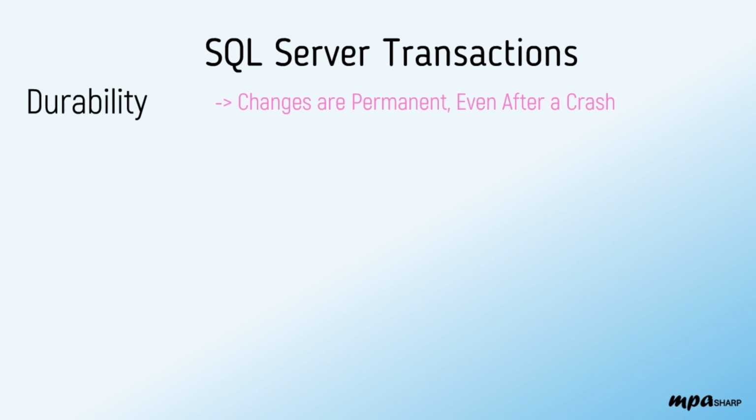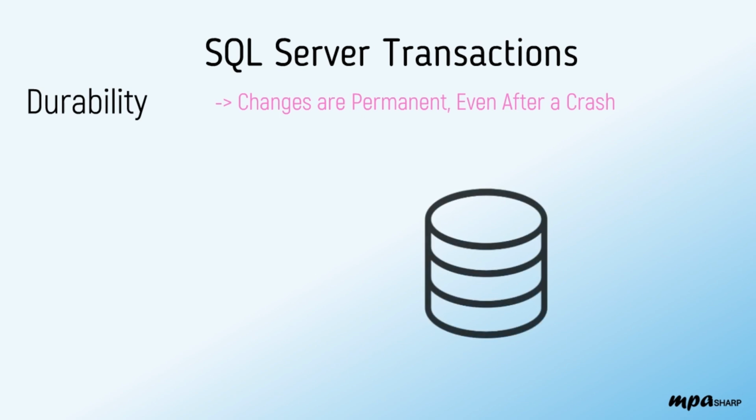The committed data is stored in a way that guarantees it won't be lost. So why is it important? Because it ensures that once a user or application gets confirmation that the transaction is completed, they can trust that the changes have truly been saved and won't disappear after that.